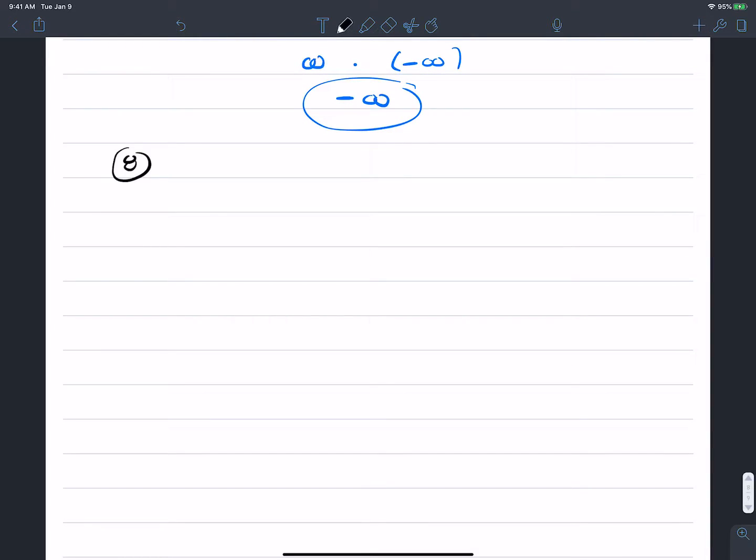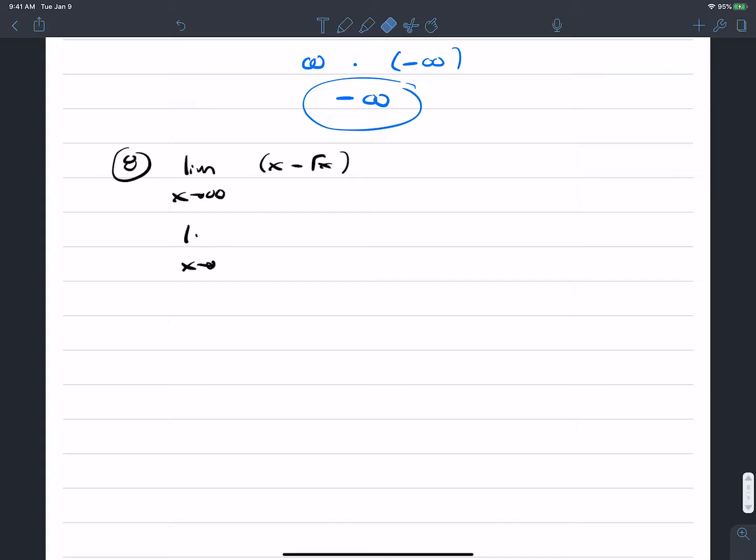And number 8, what do we have? We have the limit as x goes to infinity of x minus the square root of x. Again, by properties of limits, the limit of a difference will be the difference of limits.